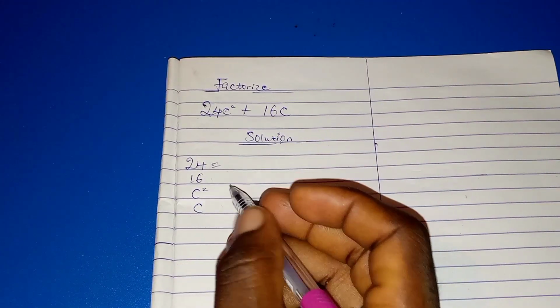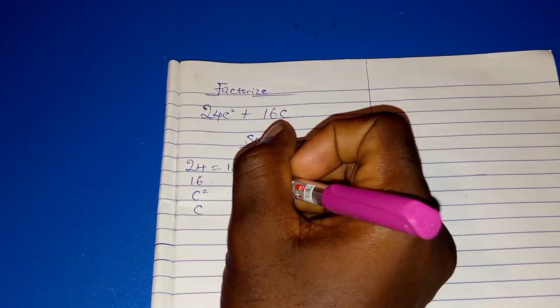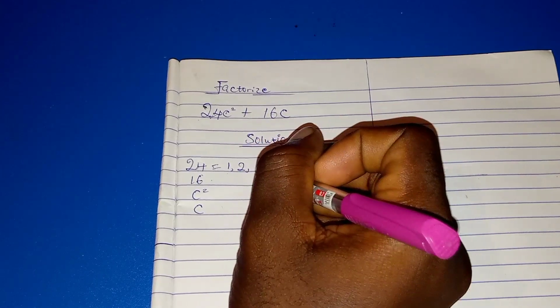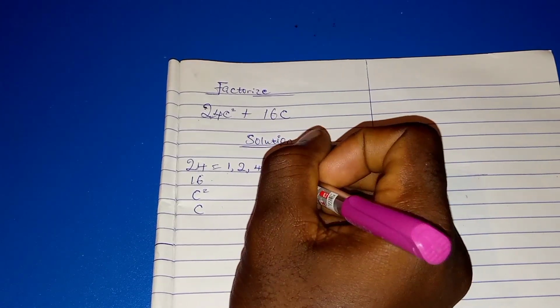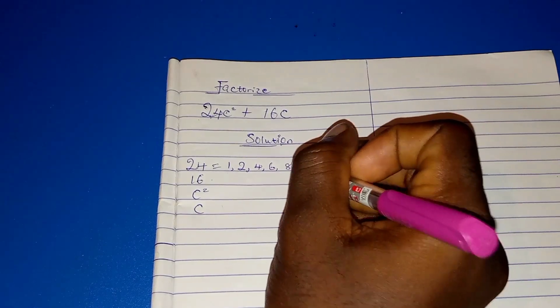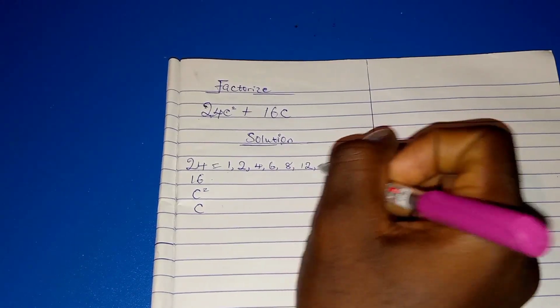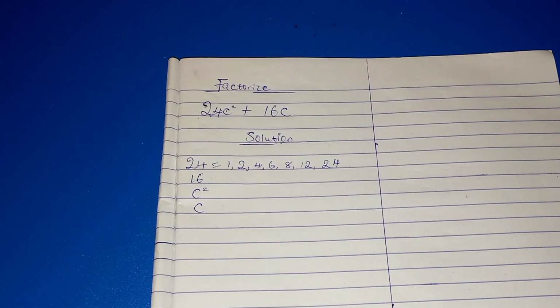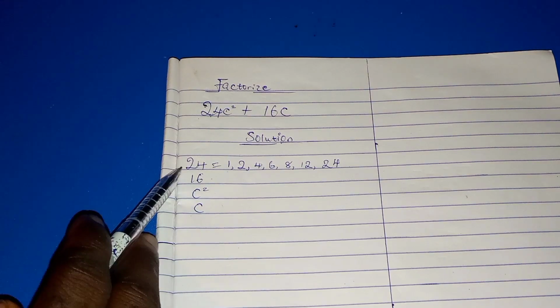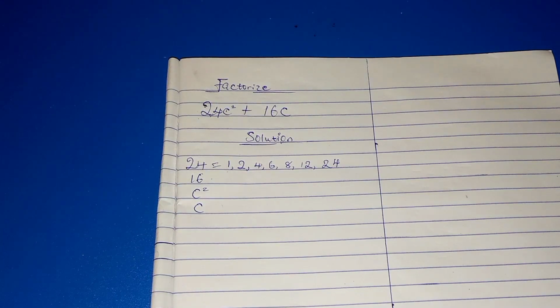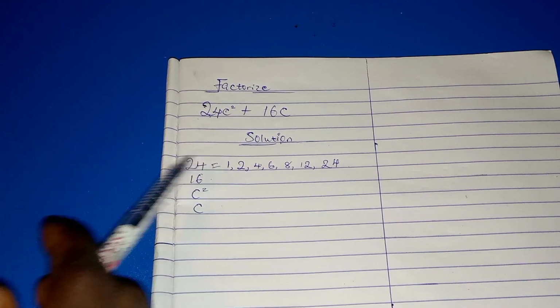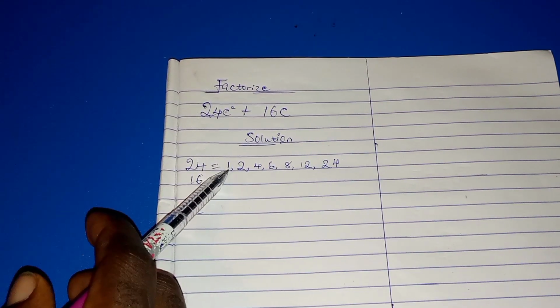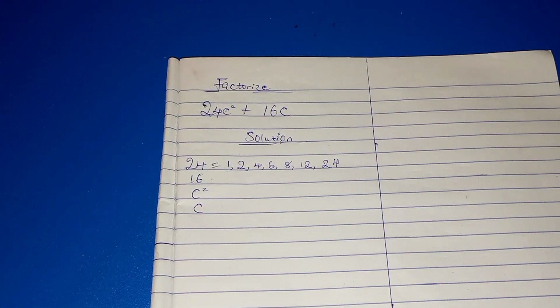The factors of 24 are 1, 2, 4, 6, 8, 12, and 24. Now, what is a factor? A factor is any number which, when it divides 24, gives an equal number without a remainder. 24 divided by 1 gives 24.